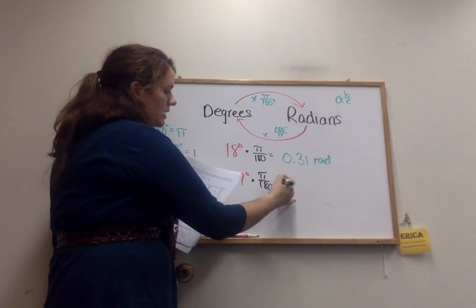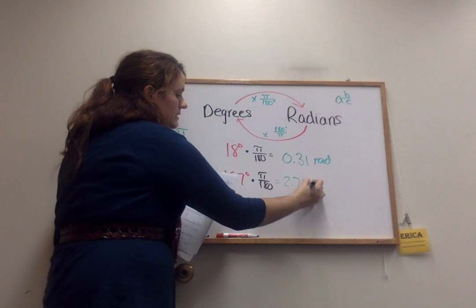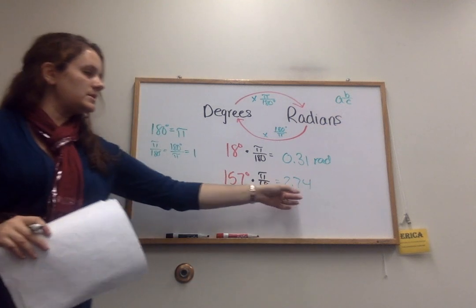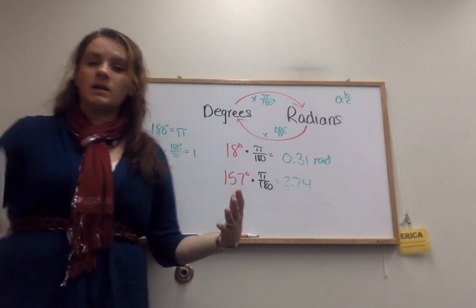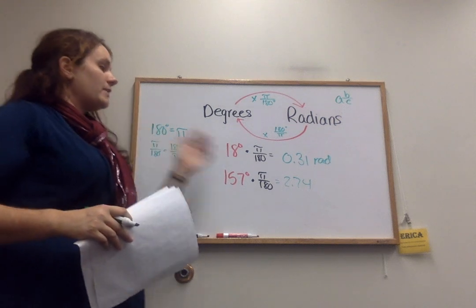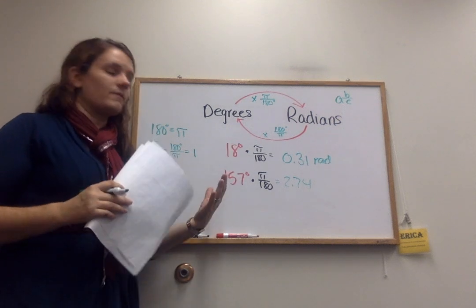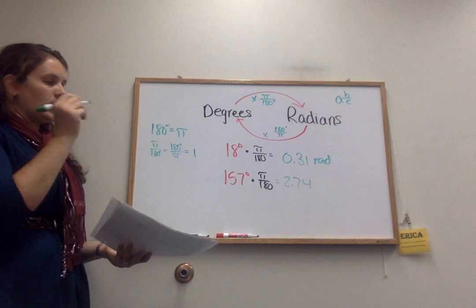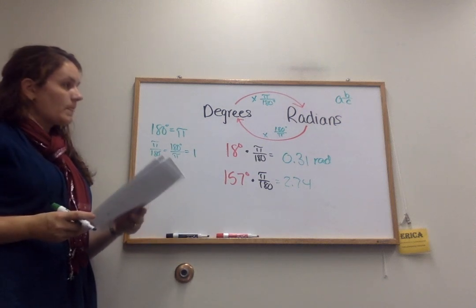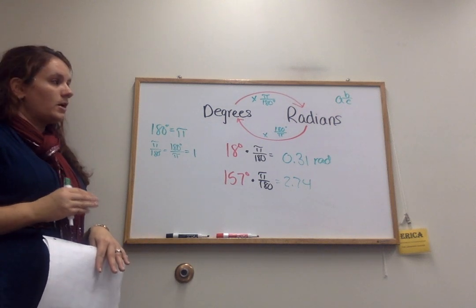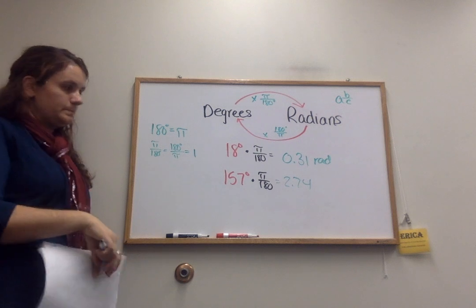When you do that, you should end up with 2.74 as your radians. And you can see both of these examples, they don't have pi in them. So we've actually converted pi into its numeric value as opposed to leaving our answer in terms of pi. Okay, so that's going from degrees into radians.